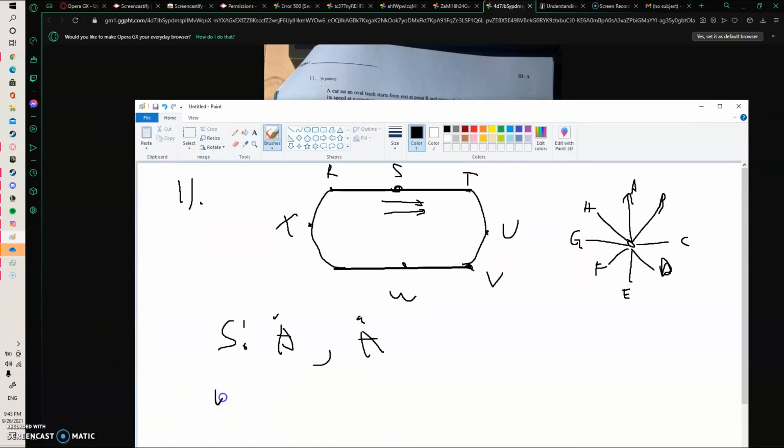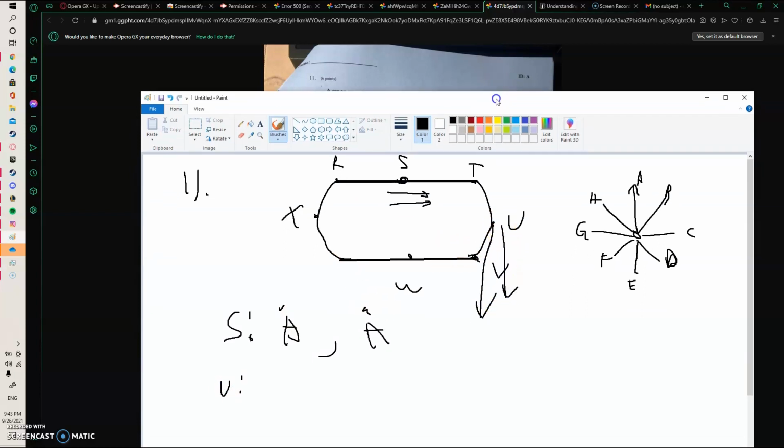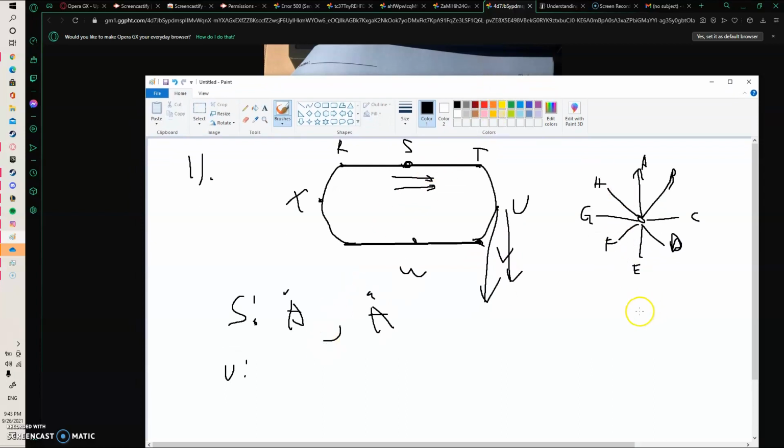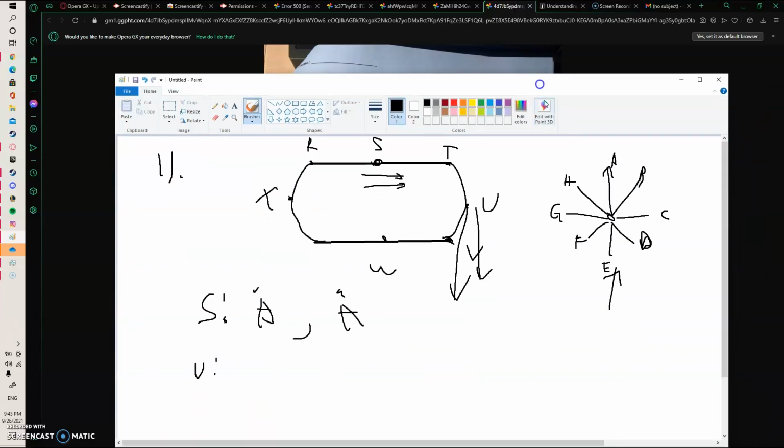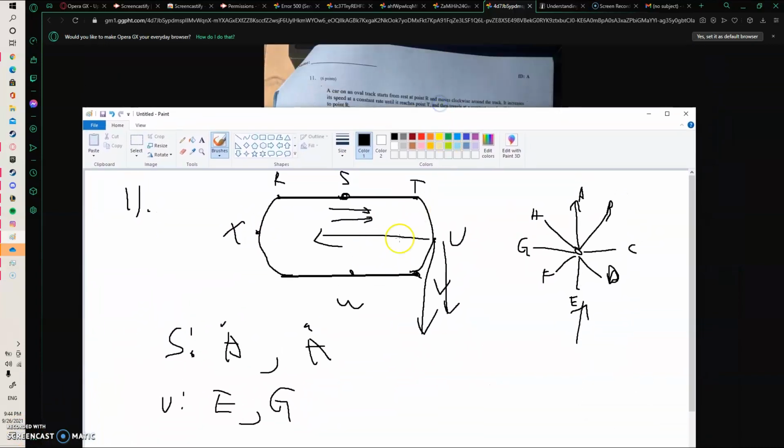At point U on the track, we know that the direction of the velocity is this way, and that would be direction E. The acceleration would actually be in direction G. Sorry, I said that wrong. The reason behind this is that the acceleration should be pointed towards the middle.